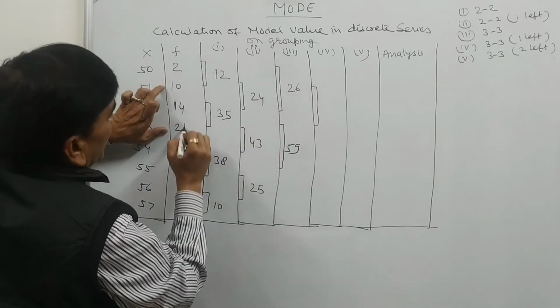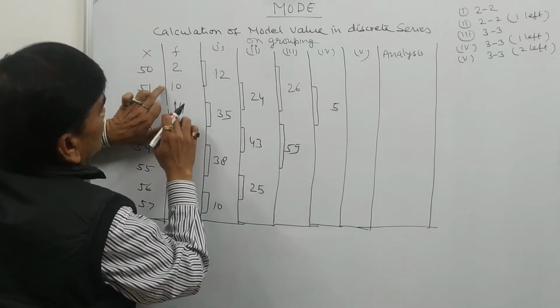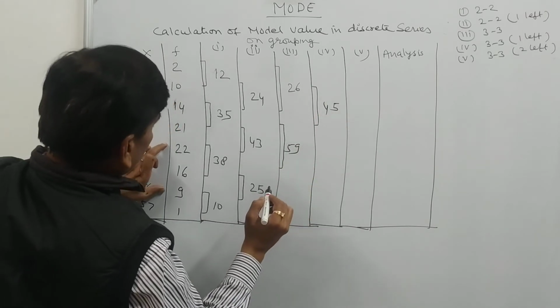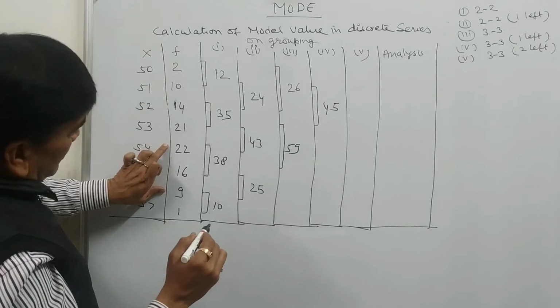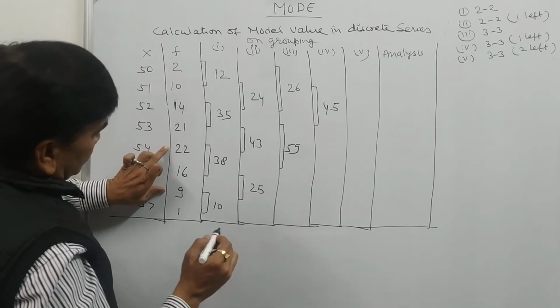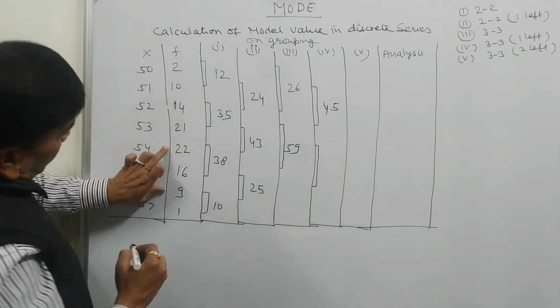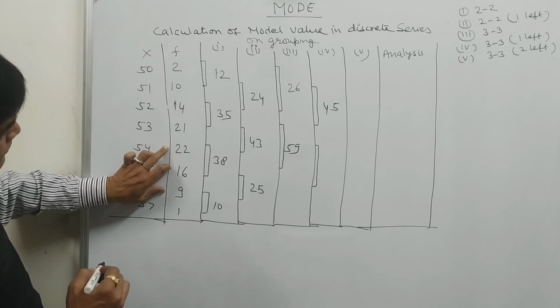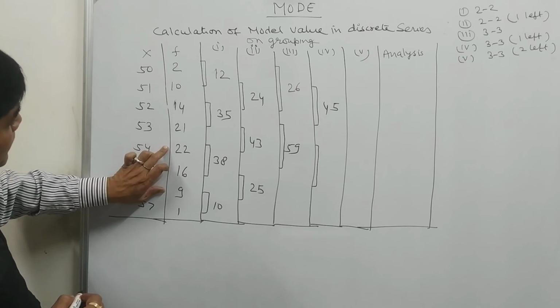Let me do this again. The first one: 10, 14, 21, that is 45.